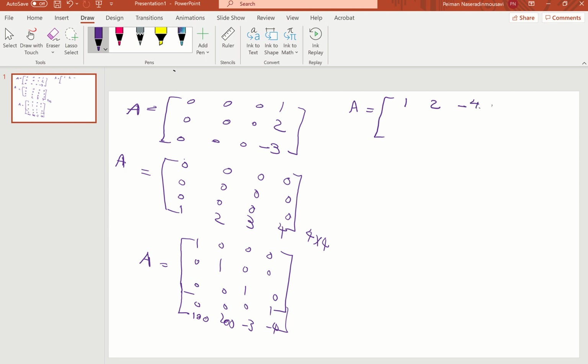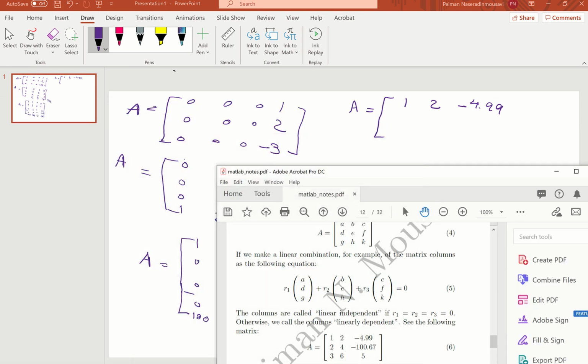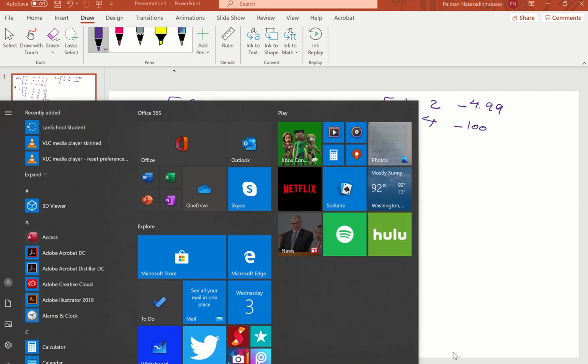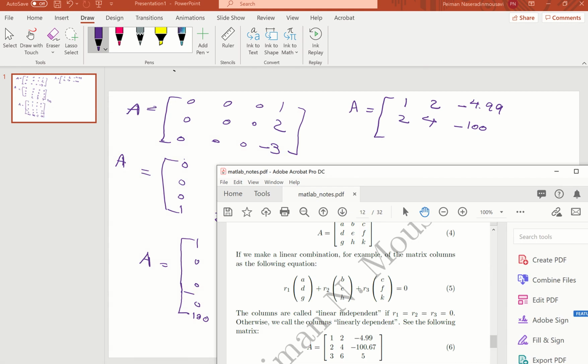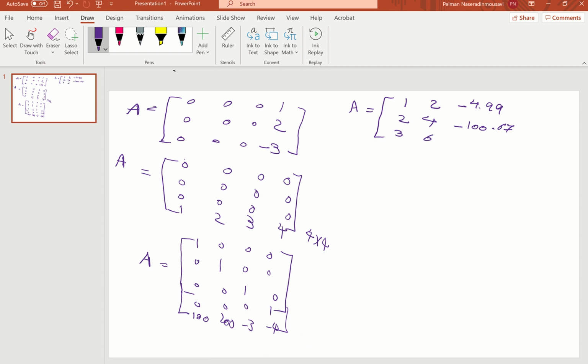The columns: 1, 2, 3; 2, 4, 6; and minus 4.99, minus 100.67, 5. Okay, guys?